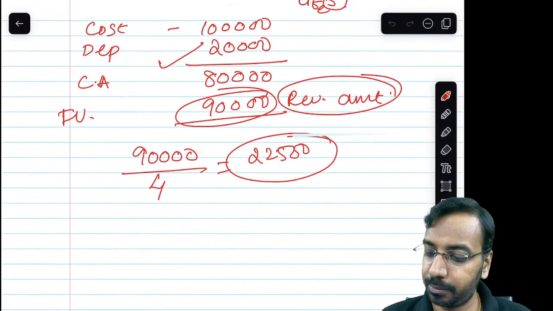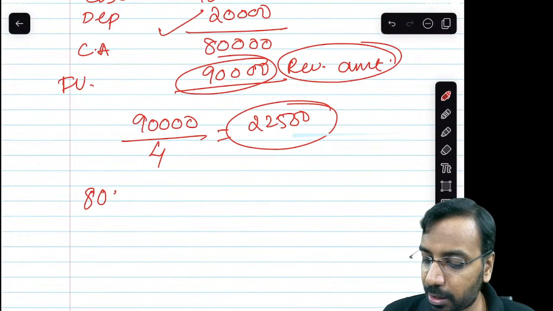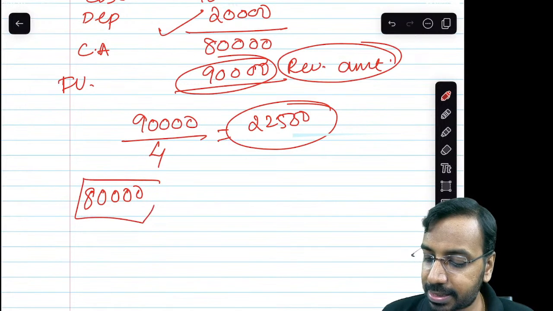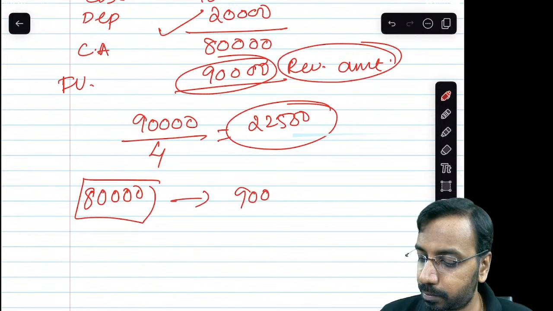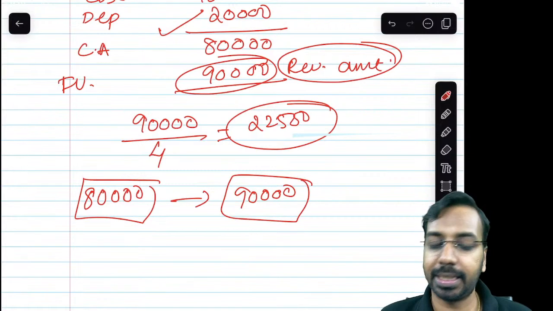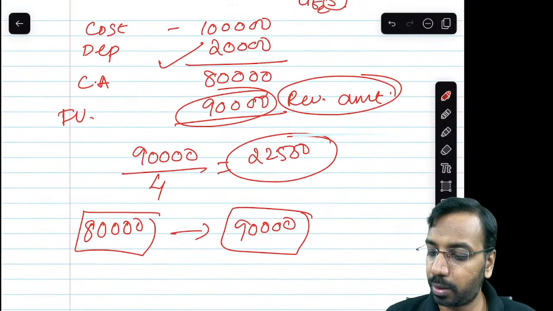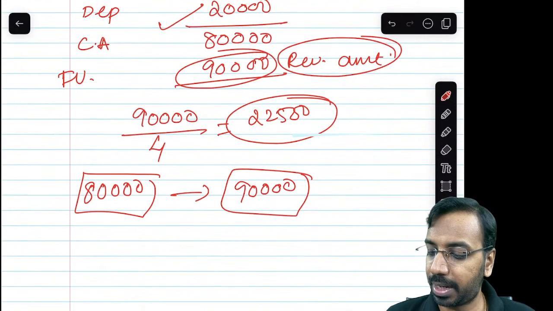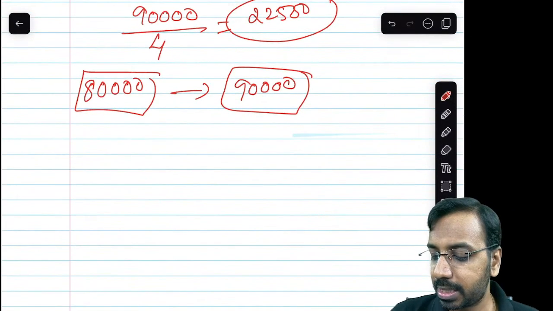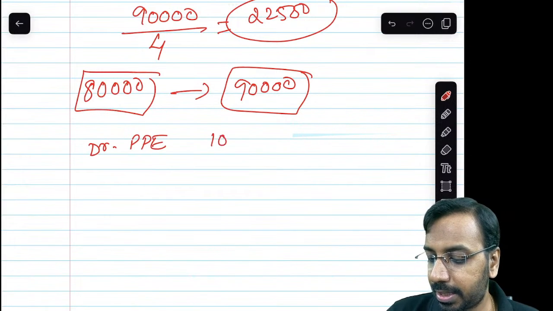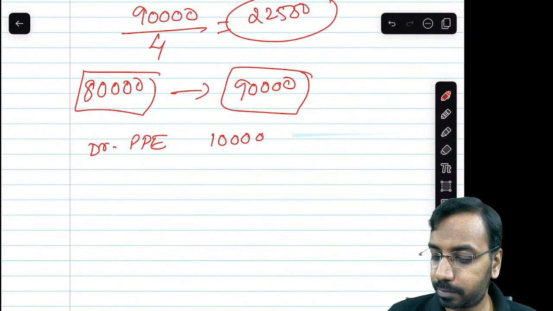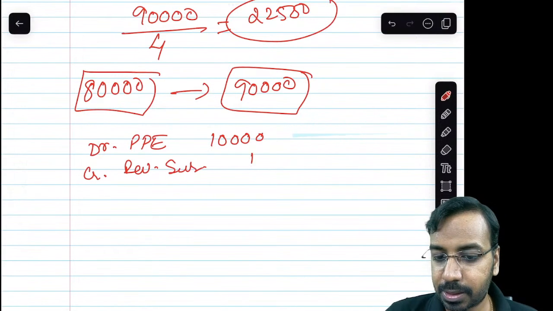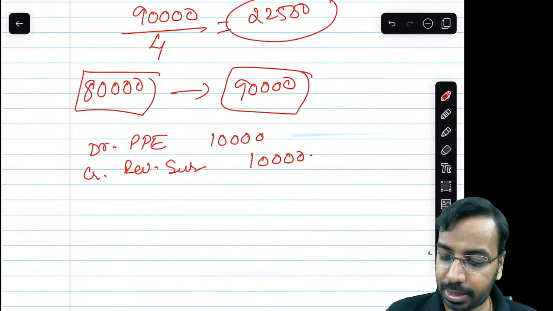Now, continuing with this example, my 80,000 asset has now become 90,000. There are two ways to do it. One way is, because 80,000 has become 90,000, I will debit PPE 10,000 and credit revaluation surplus 10,000.